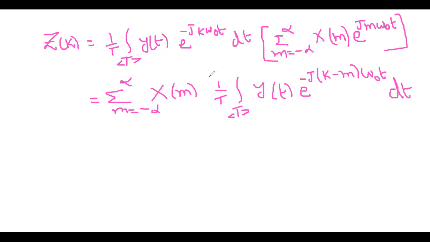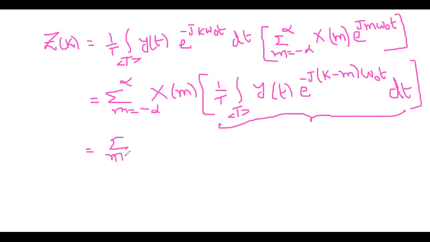Alright. So observe here, this total equation is the frequency shift property, saying that k minus k naught, 1 by T, the integral over T, y of t, e power minus j k minus m omega naught t dt, according to the frequency shift property. And the sum of m equal to minus infinity to infinity, x of m.